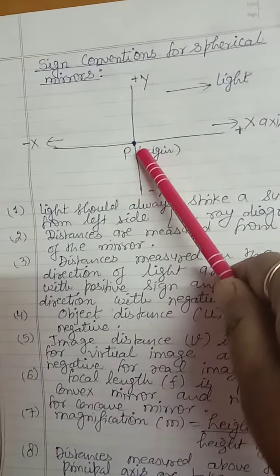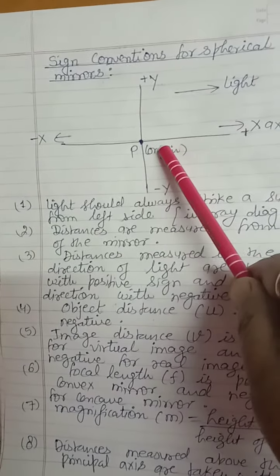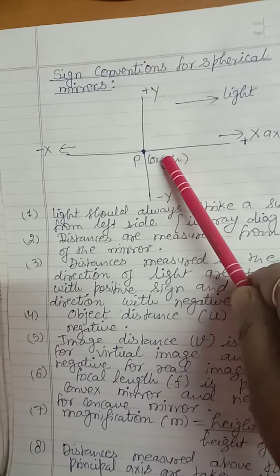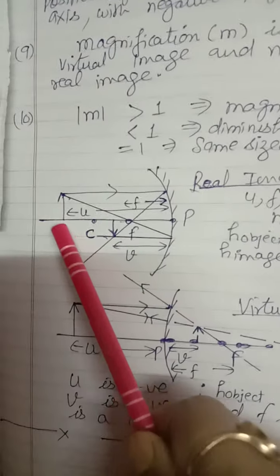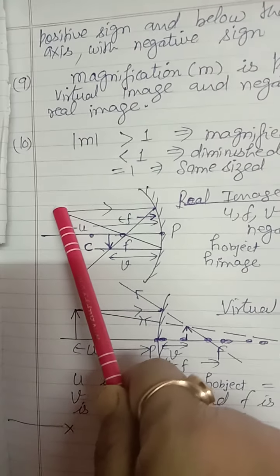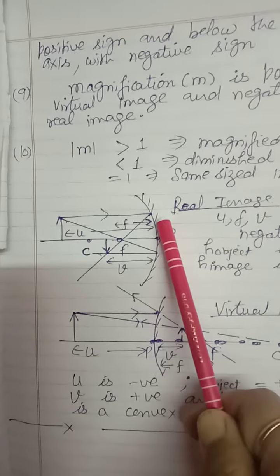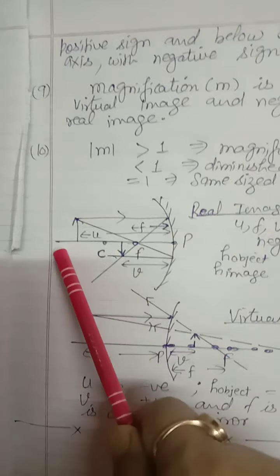Second, distances are always measured from the pole. In the diagram, light comes from the left side, so we show the object on this side. The light rays go from left to right from the tip of the object, so the object will always lie on the left side of the mirror.